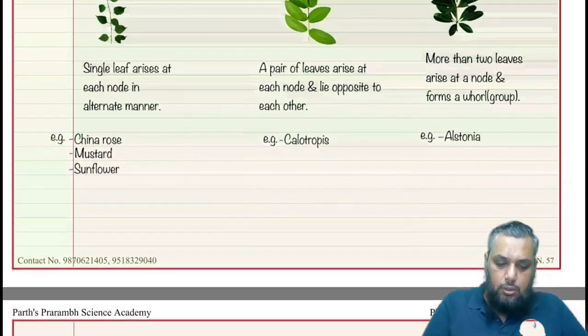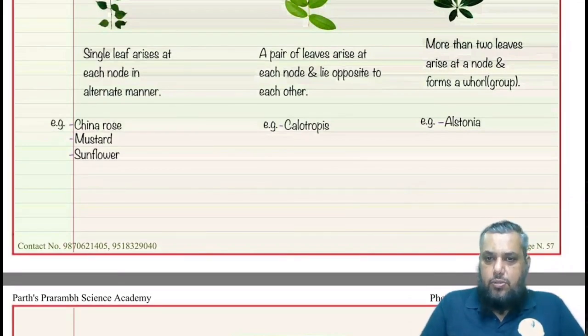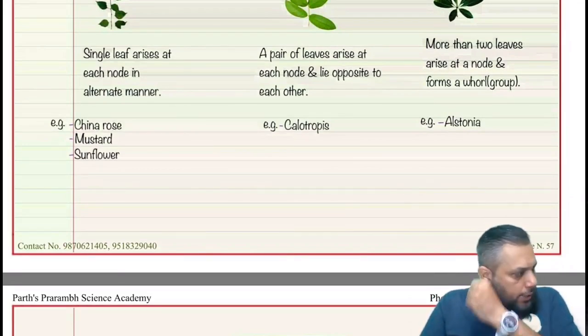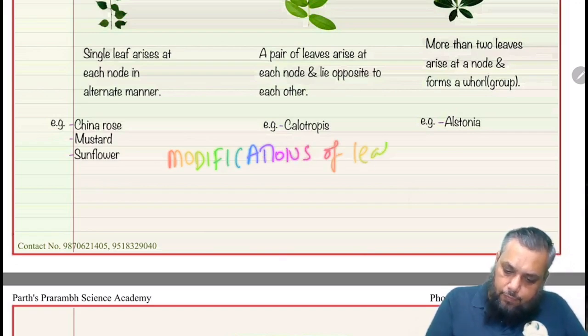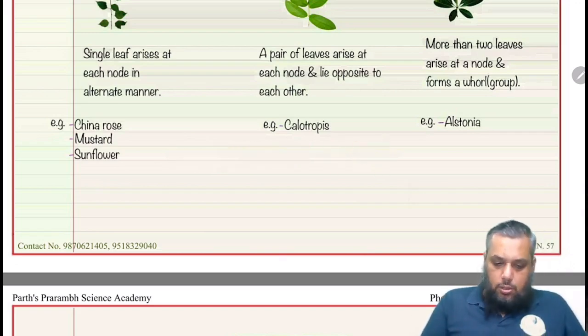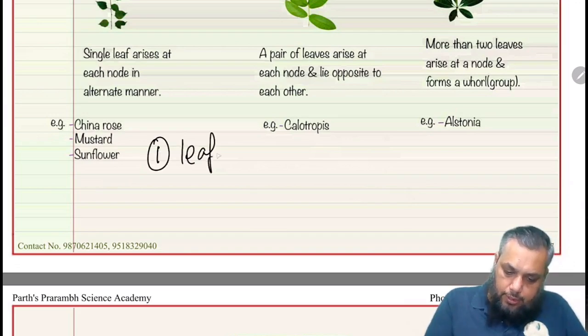Okay. Now, even the leaf gets modified in order to perform special functions. So when we talk about modifications of the leaf, the first modification, let us call it the leaf spine.